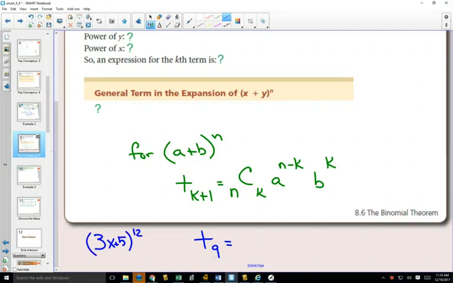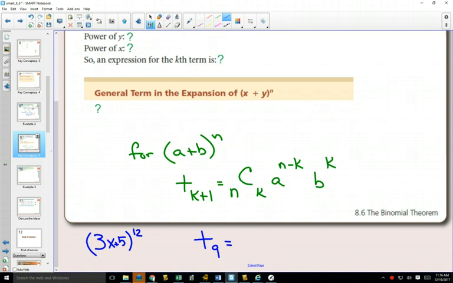If I'm trying to find term 9, can you see that k is 8, 1 less? Earlier I talked about some things being 1 more and some things being 1 less. This is a place where k is 1 less. So if I'm finding term 9, because it's k plus 1 here, k is equal to 8.